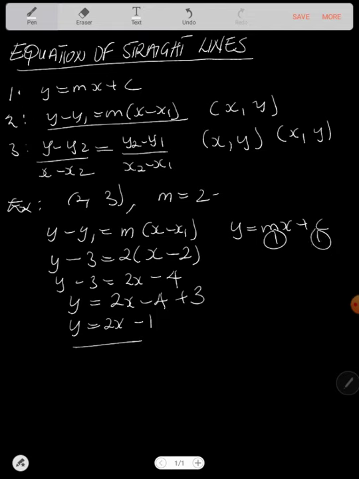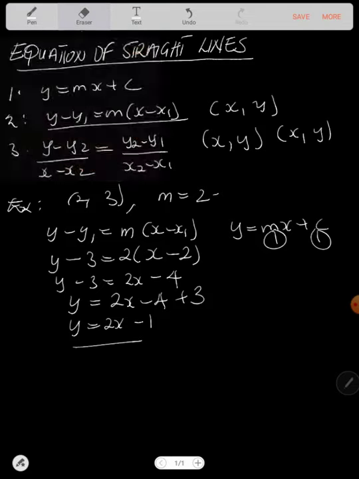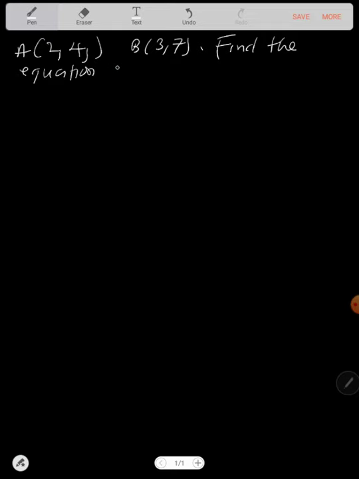Let's look at when you have 2 points and the gradient is unknown. Let's say you have 2, 4. This is A. You have B, 3, 7. How can you find the equation of this line AB?